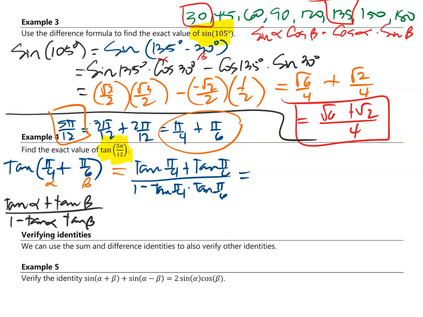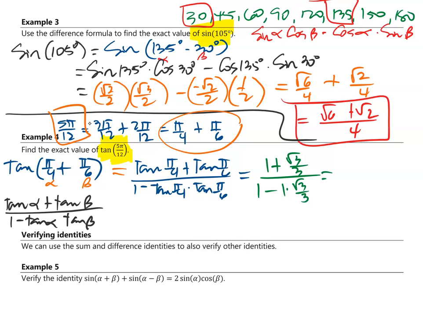Now, tangent pi over 4 is equal to 1. Tangent of pi over 6, from the coordinates of pi over 6, sine over cosine, is square root of 3 over 3. So that is 1 plus square root of 3 over 3, all over 1 minus tangent of pi over 4, which is 1, times, again, tangent of pi over 6, which is square root of 3 over 3.